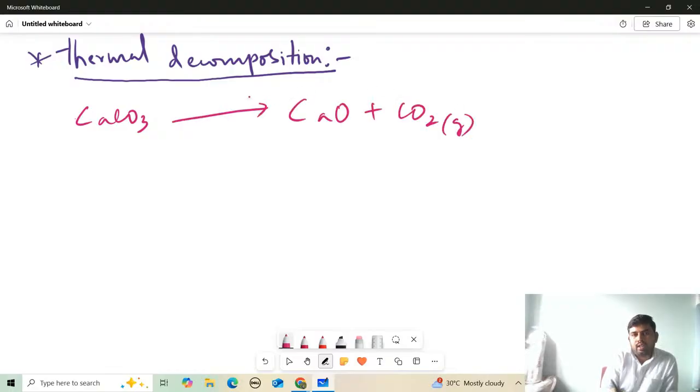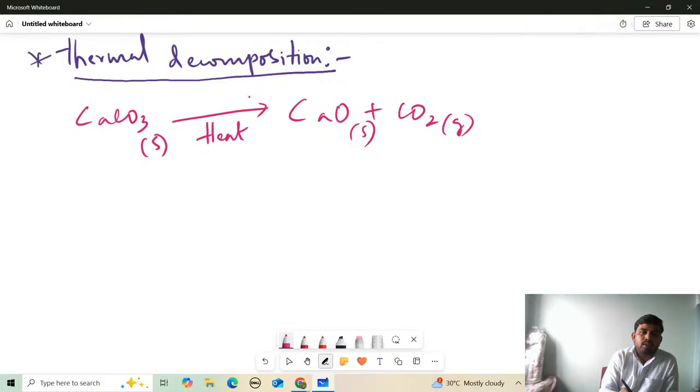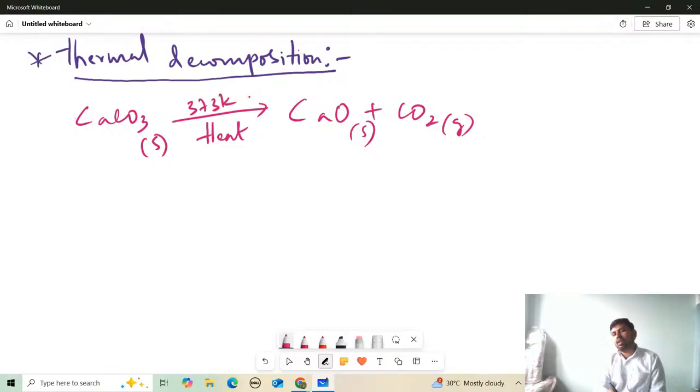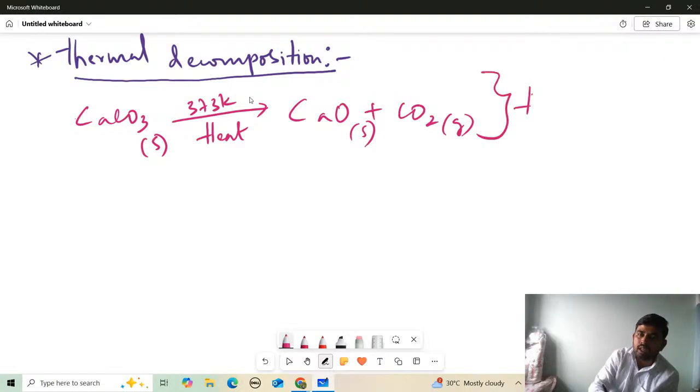This reaction is possible when we supply heat energy, around 373 Kelvin, so it forms calcium oxide and carbon dioxide. Here, what kind of energy is absorbed? Heat energy is absorbed.